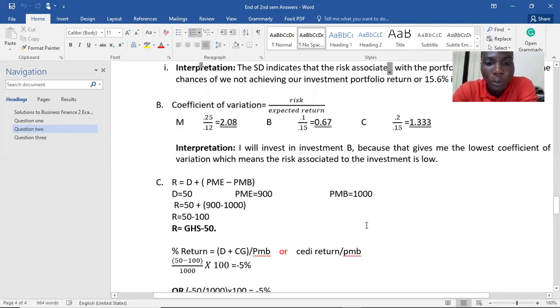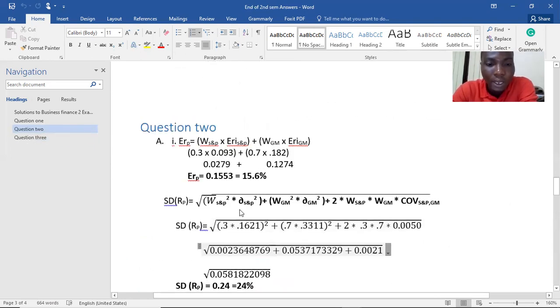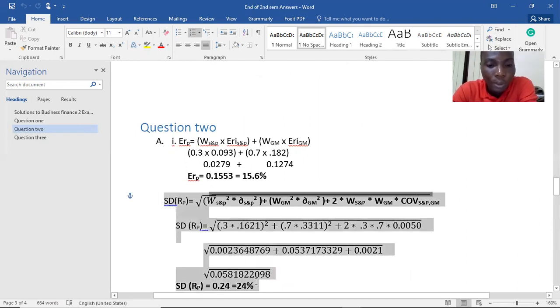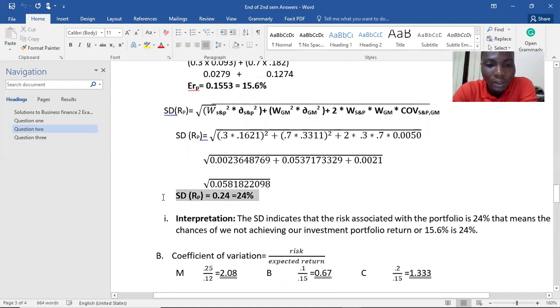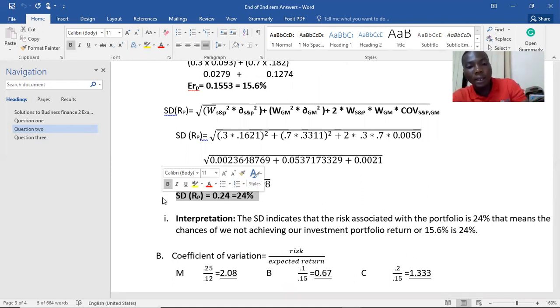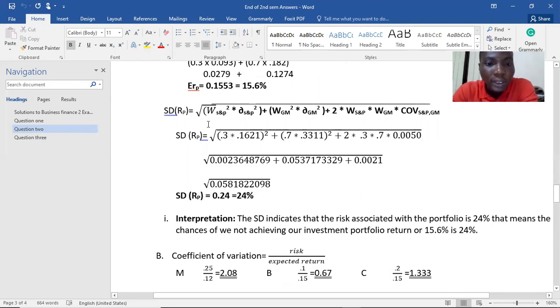Go look at it. When the marks allocated to this particular question is 3 marks, the answer takes 1 mark or half a mark, depending on how the marking scheme is structured. So let me say this one takes 1 mark. Then the steps here take, let's say, half a mark.